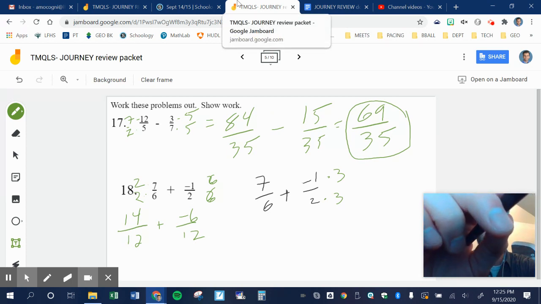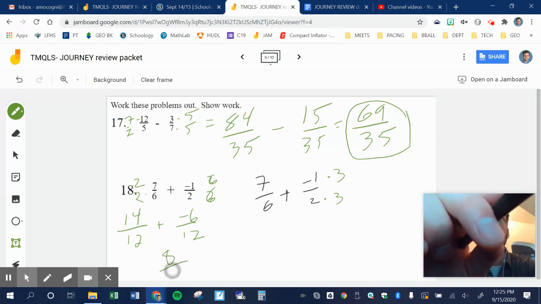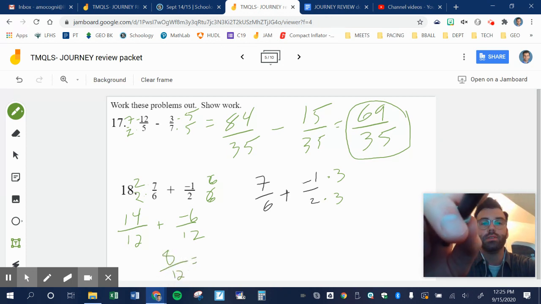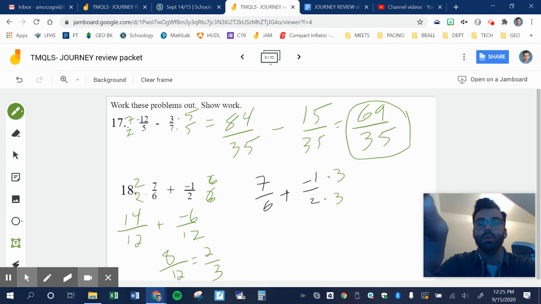This would be 8 over 12, which reduces to 2 over 3, and this would be 7 over 6 plus negative 3 over 6, which is 4 over 6, which also reduces to 2 over 3.